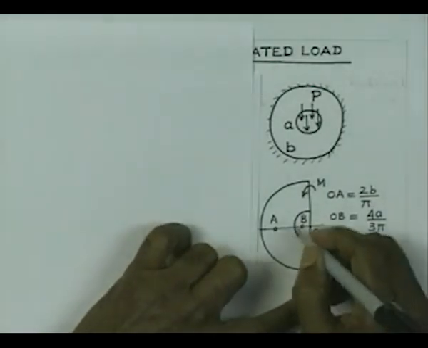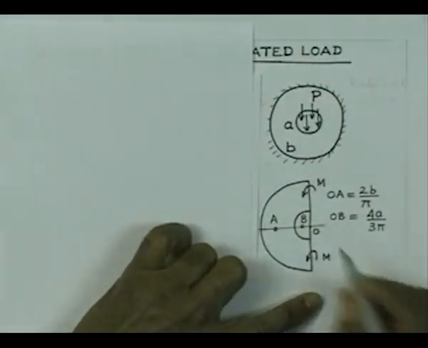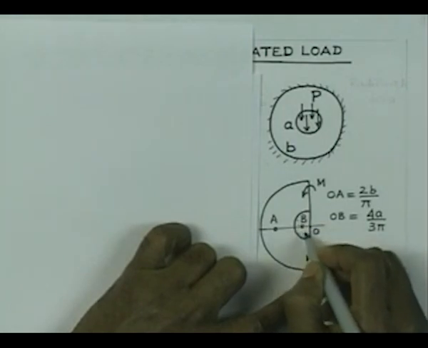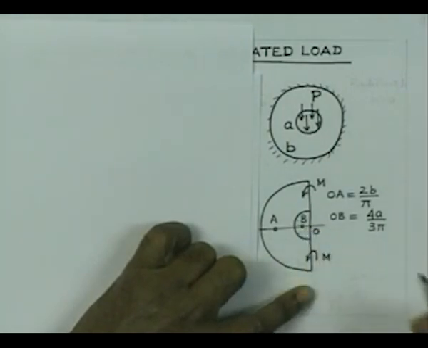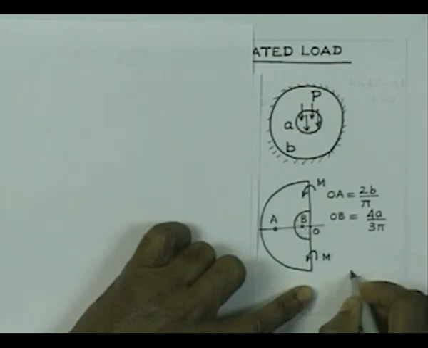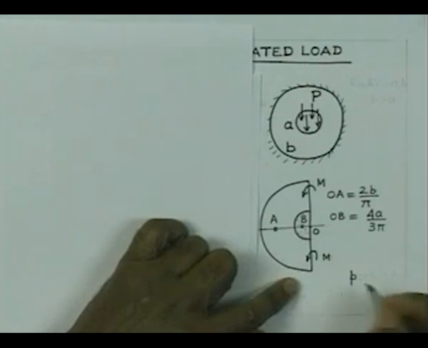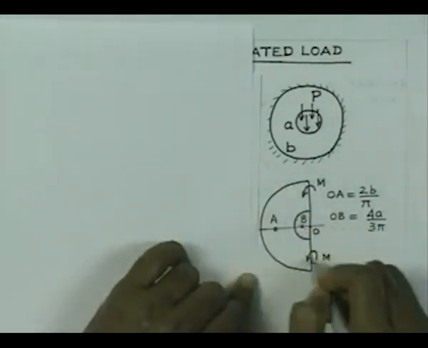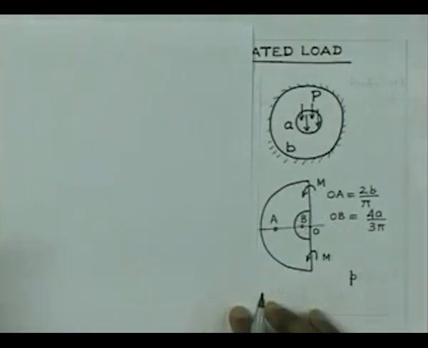The loading which is uniformly distributed over this small circle, the intensity of this loading, let us just say p. Let us consider that the reaction force which is all over this boundary is equal to R per unit length.